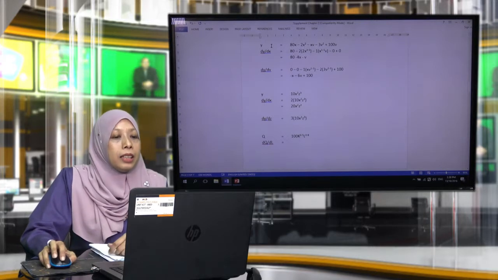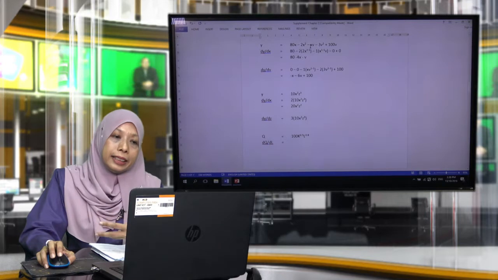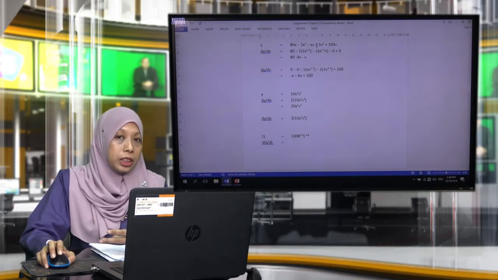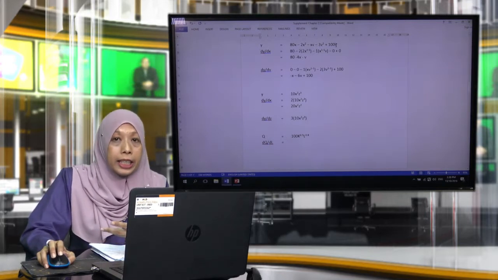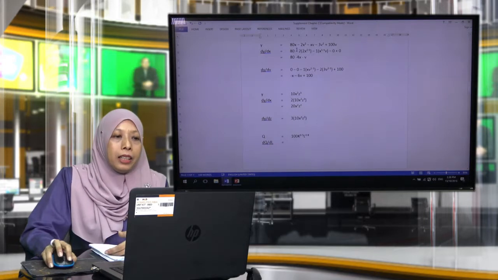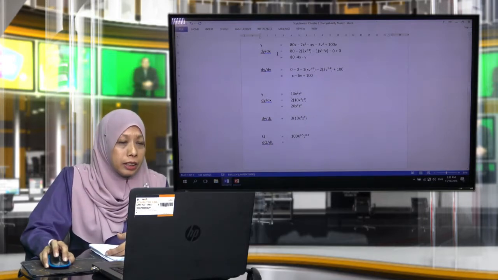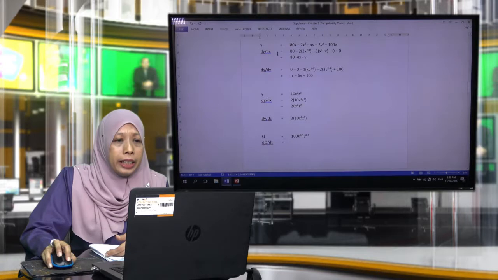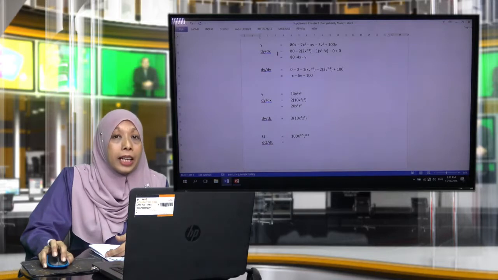Now just to make sure that you understand the concept of partial differentiation, we're going to try another example. Now this is a bit longer function. You have y equals 80x minus 2x squared minus xv minus 3v squared plus 100v.